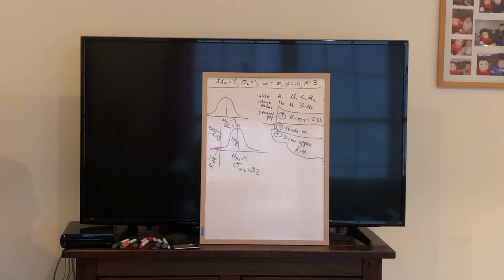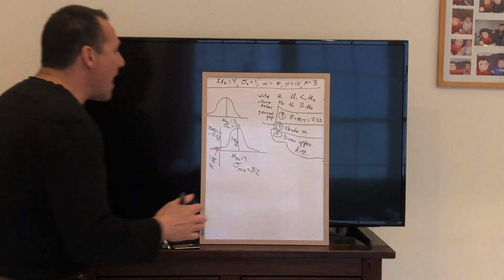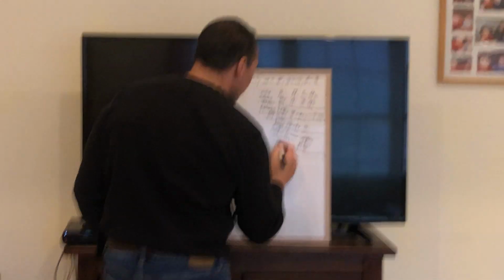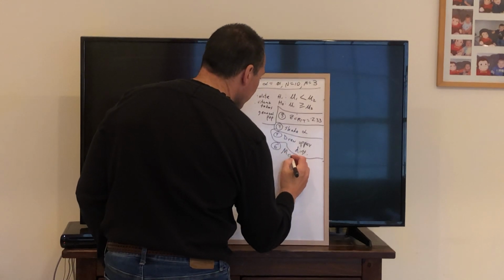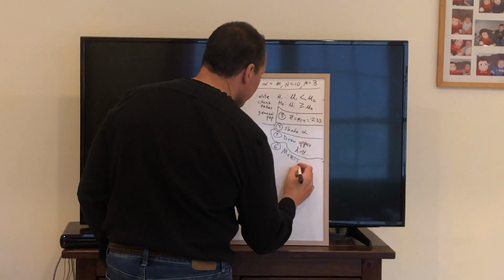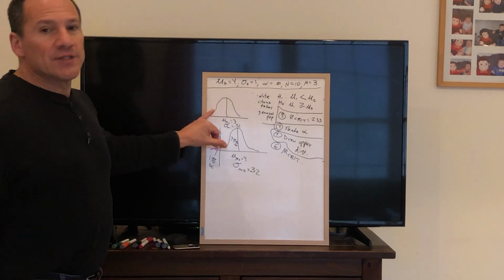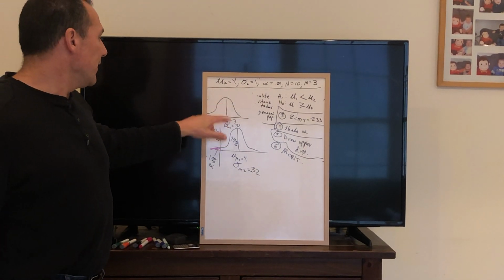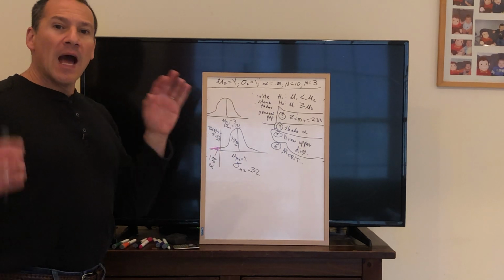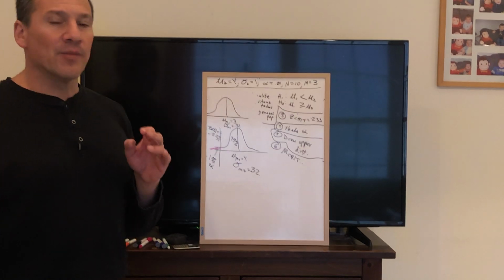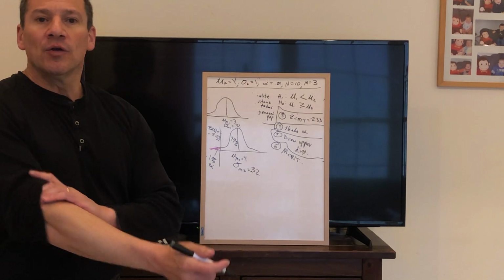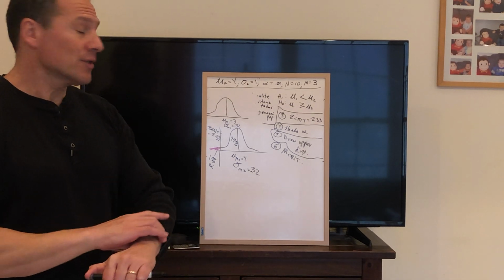So now we're going to do what I call compute and demarcate M critical. These things are on different scales. This one has a mean of 3, this one has a mean of 4. How do we deal with numbers that are on different scales? We deal with them in terms of z-scores.